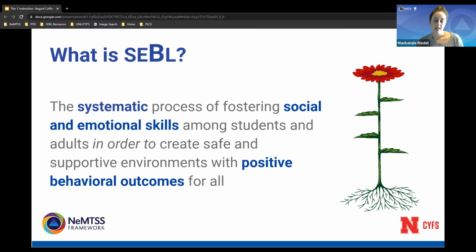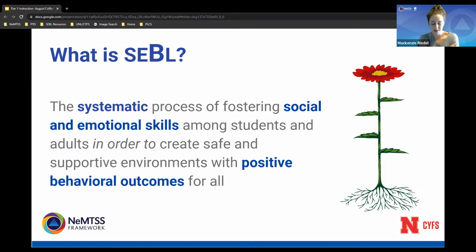And it's the skills that we want to teach our students to be able to be successful, but also as adults. When we think of social emotional skills and growth, it's really a journey that we're on throughout our entire life and not a destination that we come to. And so as we grow and learn and have experiences, those skills will strengthen and will ebb and flow throughout our lives.